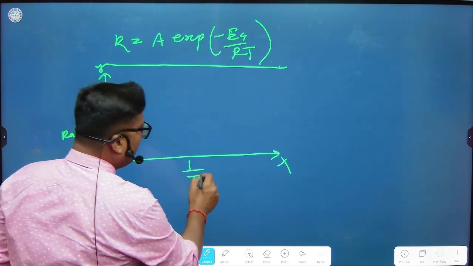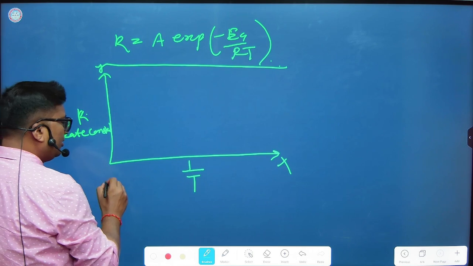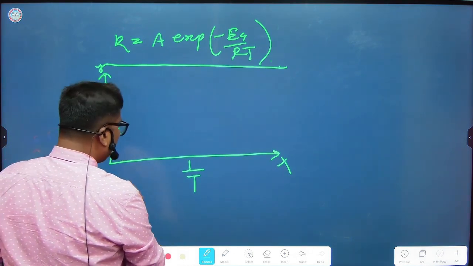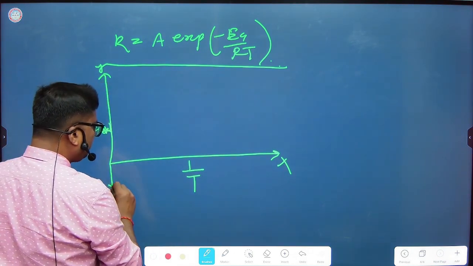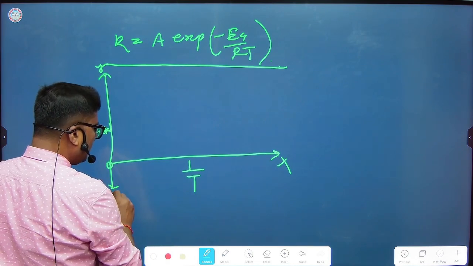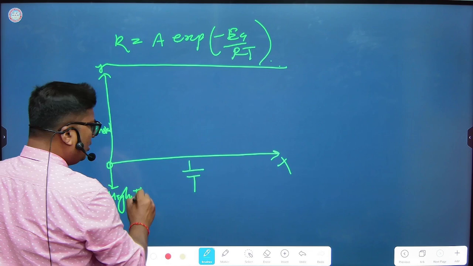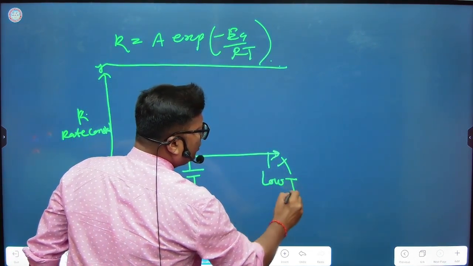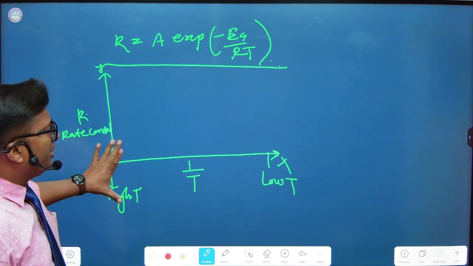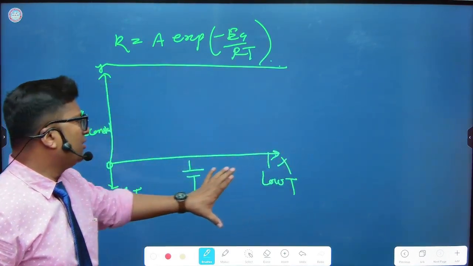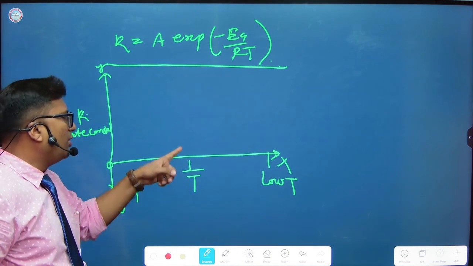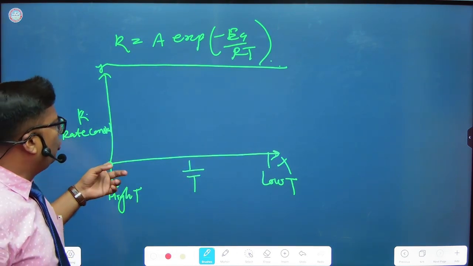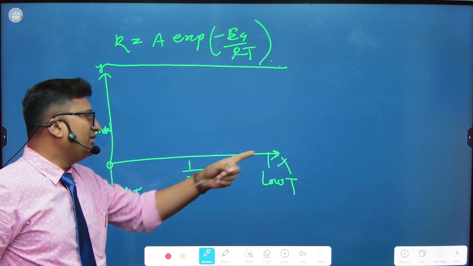Here, this point is high temperature, high T, and here is low T. So from high temperature to low temperature, this is 1 by T, from low 1 by T to high 1 by T.